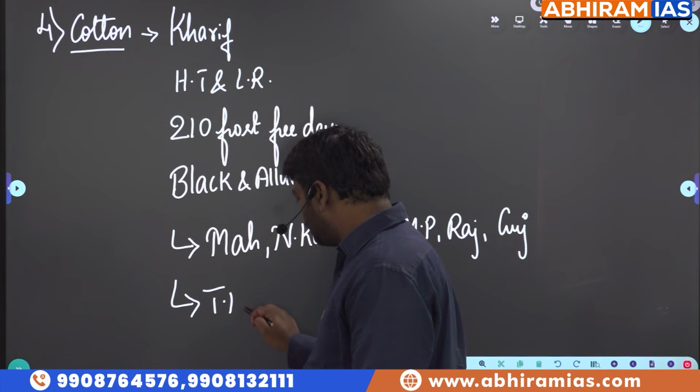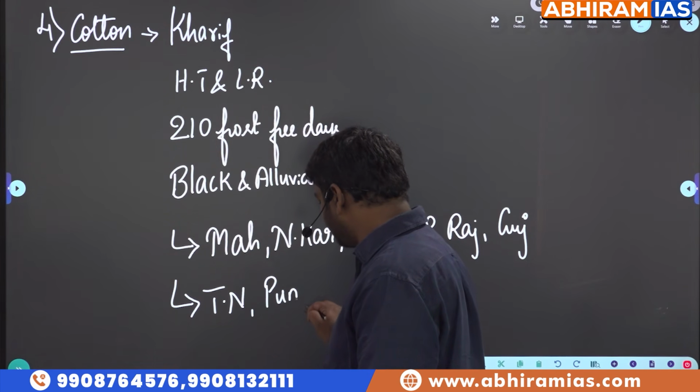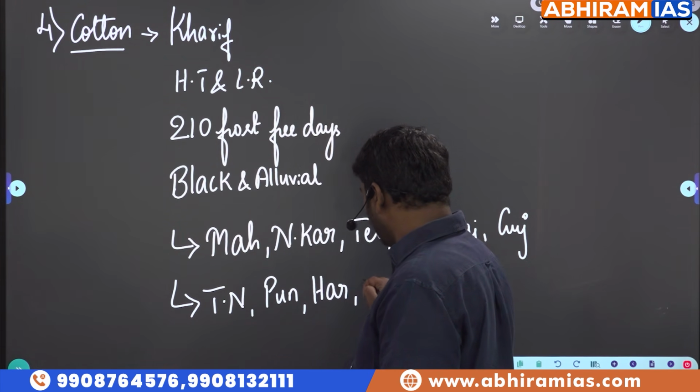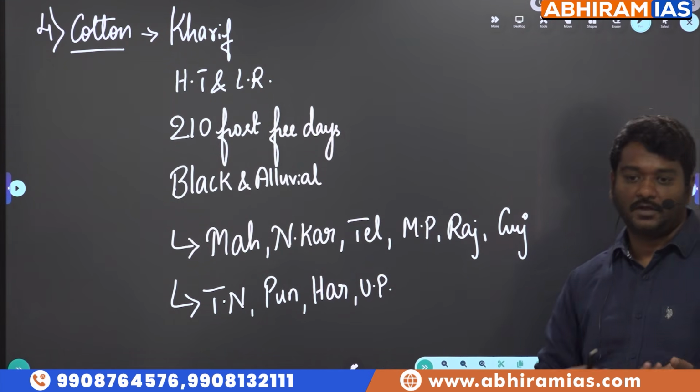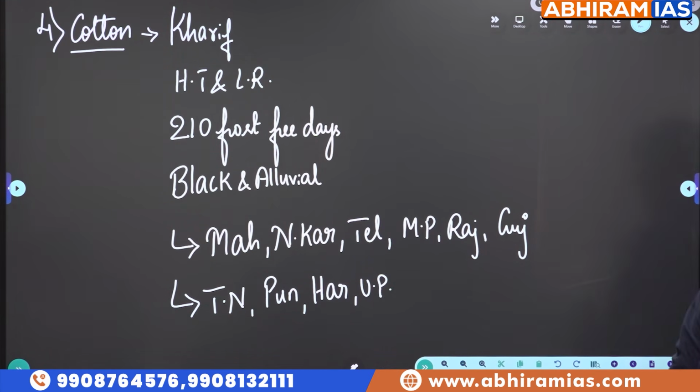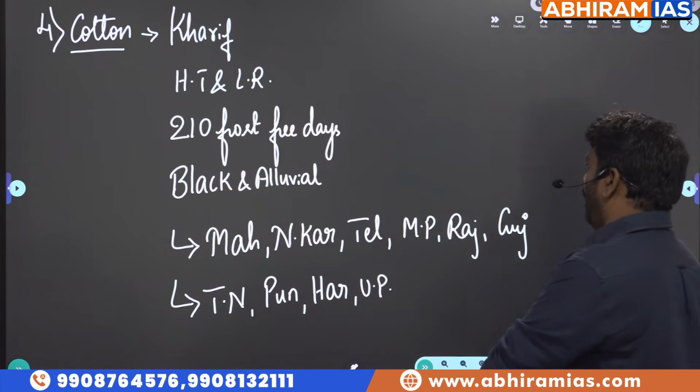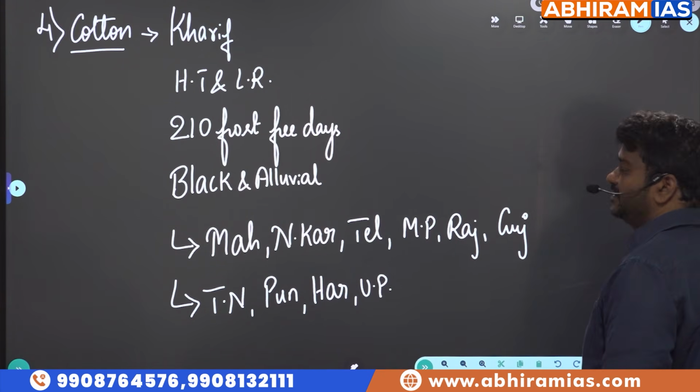Please remember Tamil Nadu, Punjab, Haryana, parts of Uttar Pradesh also, cotton is grown. Tamil Nadu, you might have heard of the Coimbatore region, right? Manchester of South India. Coimbatore has a lot of cotton. Next, shall I?